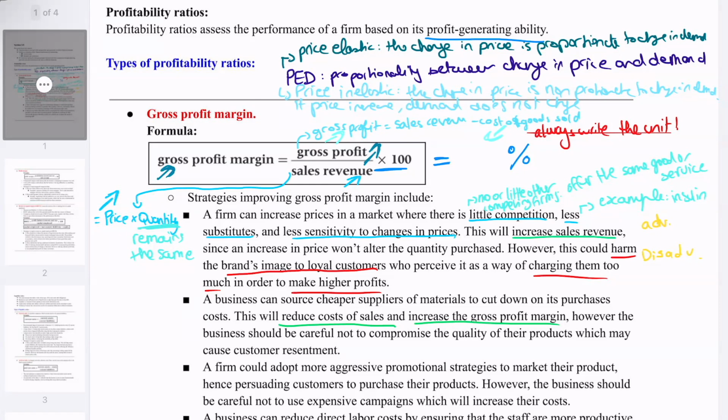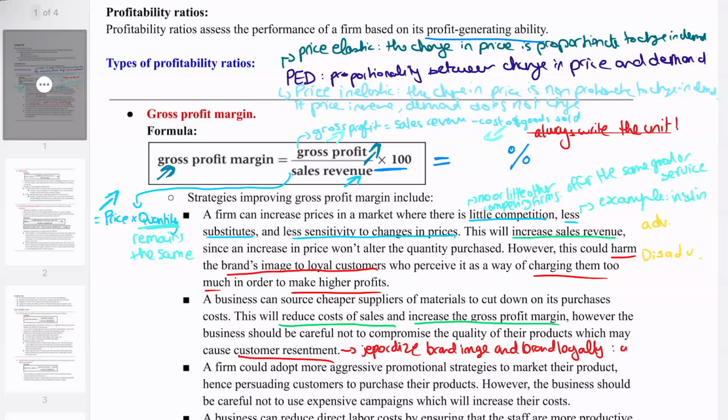So you will feel customer resentment because you'll be like, I'm not getting the worth of my money. So I'm no longer going to buy from this brand because they're trying to save money by using cheap ingredients. This customer resentment will jeopardize brand image and brand loyalty.